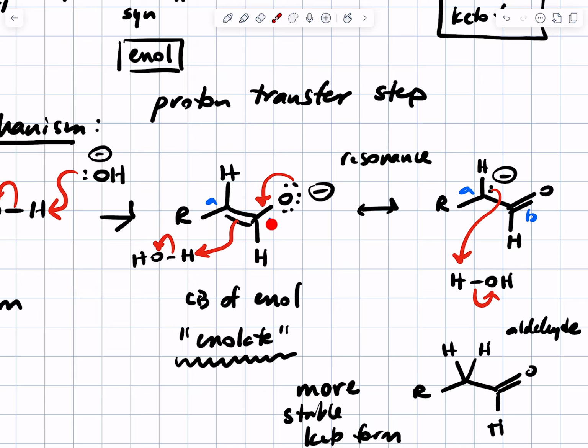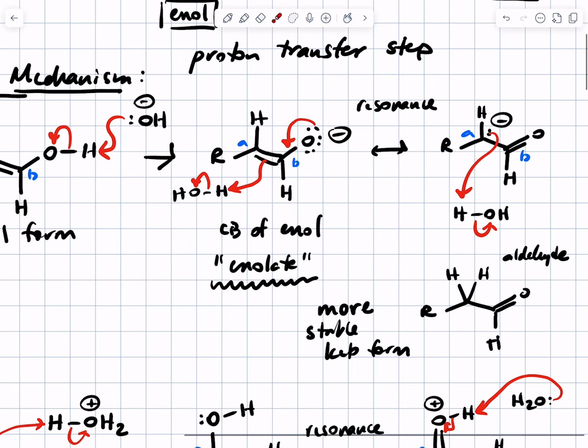Carbon B can't get the proton, it would have too many bonds. It's possible that you're viewing this as going to here. Those are two different resonance structures. This one goes directly to here.